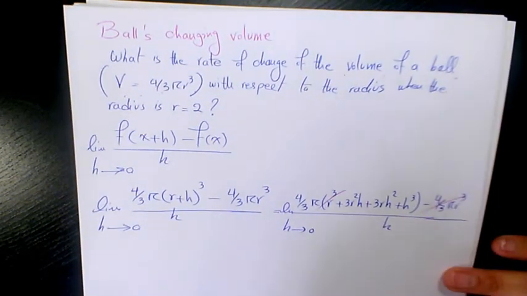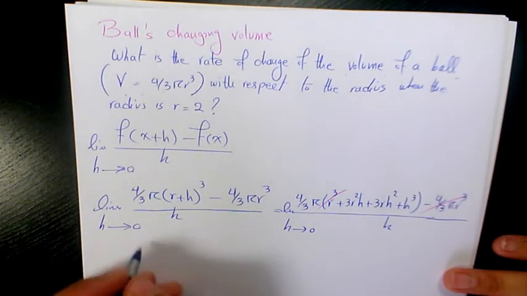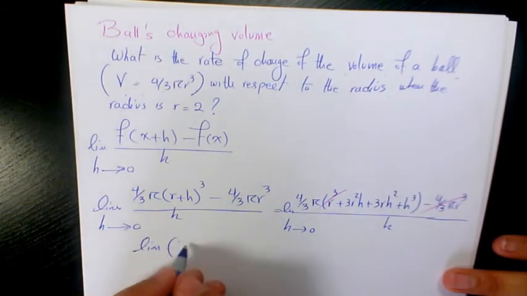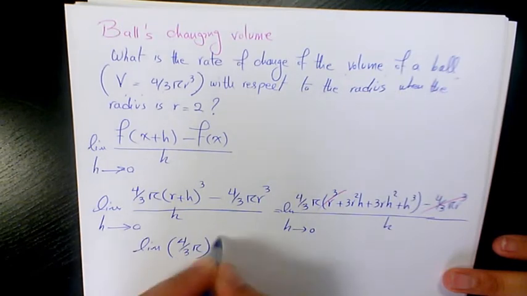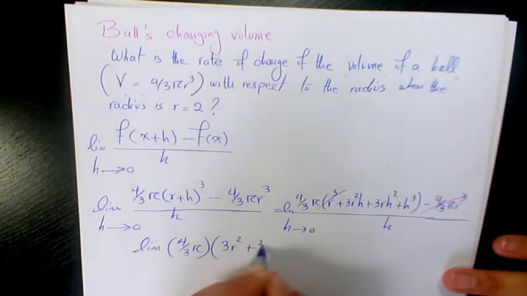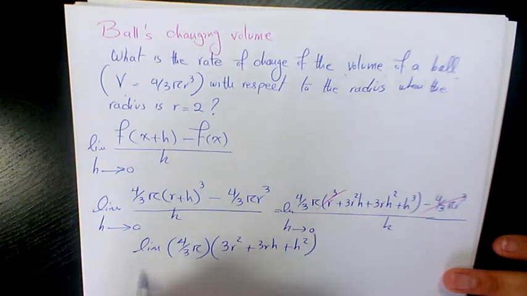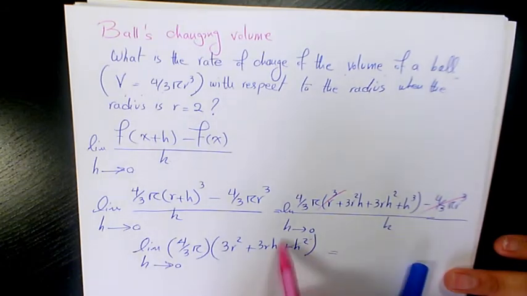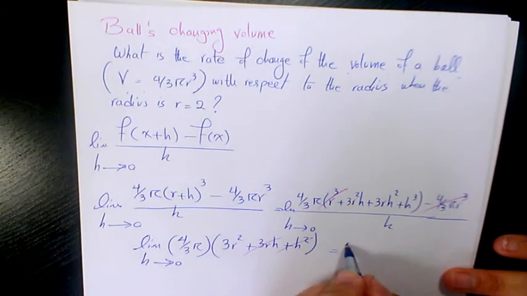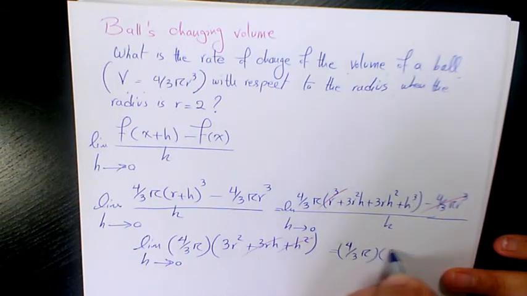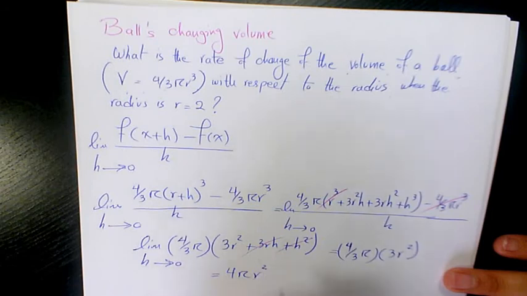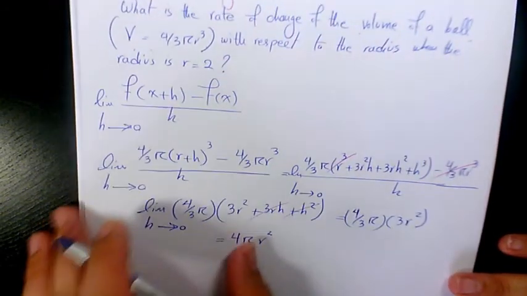This part and this part cancels out, and h from the numerator and denominator cancels out, which will be limit of 4 over 3 pi (3r squared plus 3rh plus h squared) when h is approaching 0. So it means that these two parts cancel out. We have 4 over 3 pi times 3r squared. When you multiply, it's going to be 4 pi r squared. That's the rate of change.